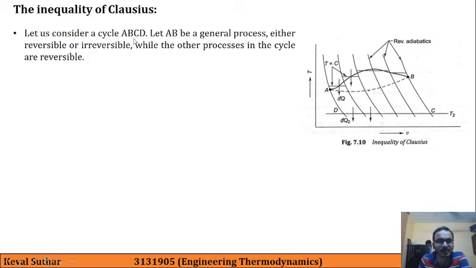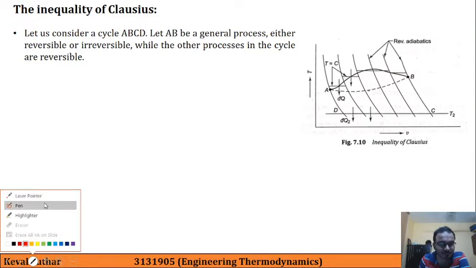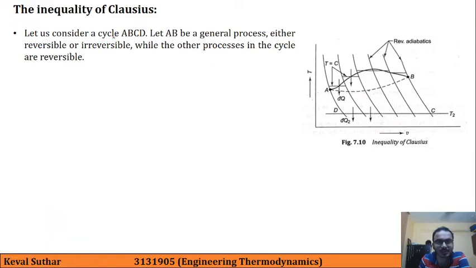Let us consider a cycle ABCD where AB is a general process, so this is our general process A to B, either reversible or irreversible, that we still don't know, while the other processes are reversible.